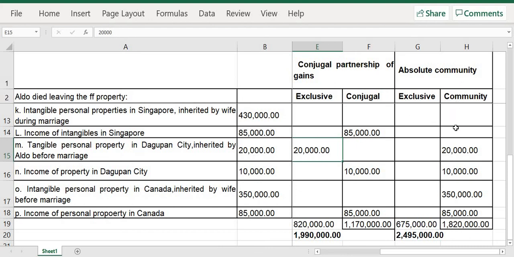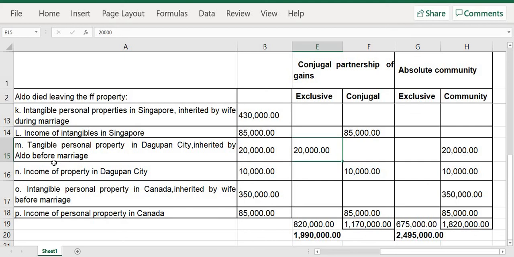Under absolute community property naman, kahit na na-inherit yan or na-acquire yan by a gratuitous title, before marriage man, di ba yung rule natin, kapag dinonate yan or na-inherit yan during marriage, dyan lang siya magiging exclusive property under both regimes. Okay? Kaya dito, since na-inherit niya yan before marriage pa, magiging part yan ng community property under absolute community property regime.